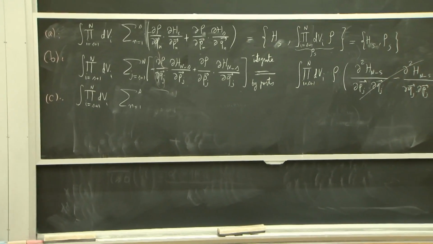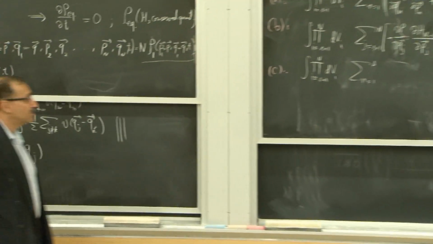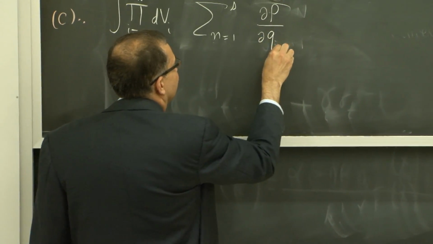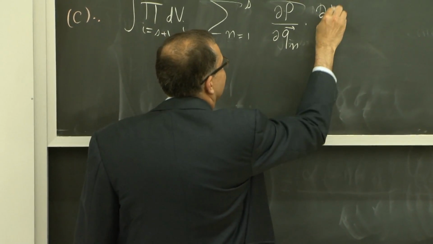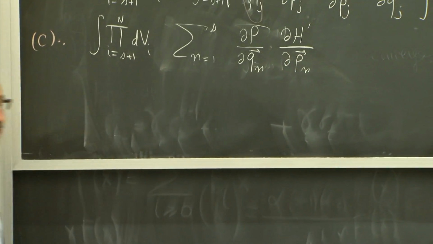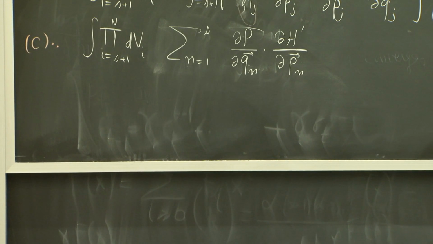For the first set of coordinates, what do I have? I have d rho by dqn, and then I have the h prime by dpn. I didn't write h prime explicitly. I'm just breaking the sum over here.